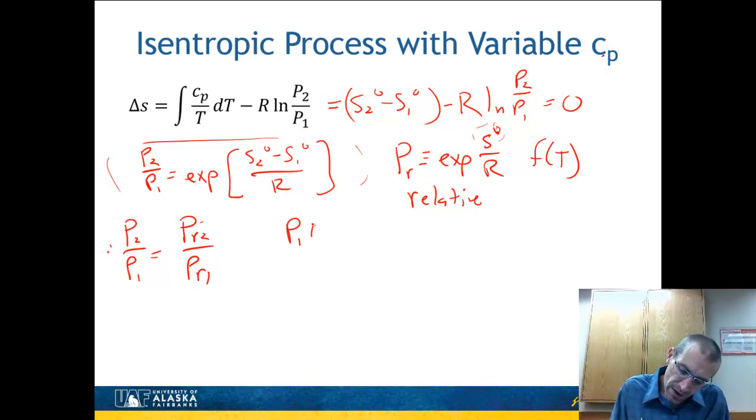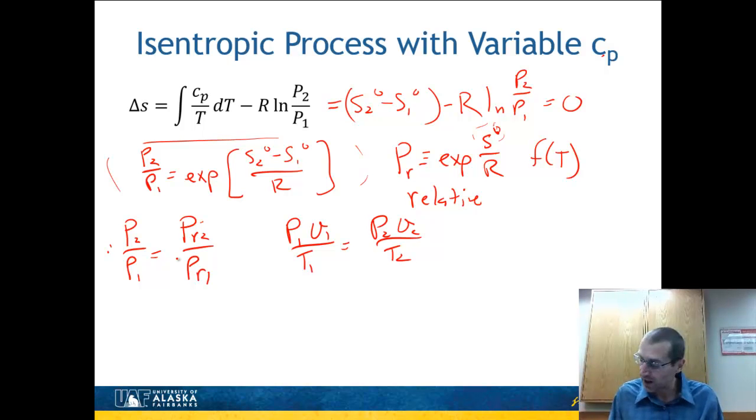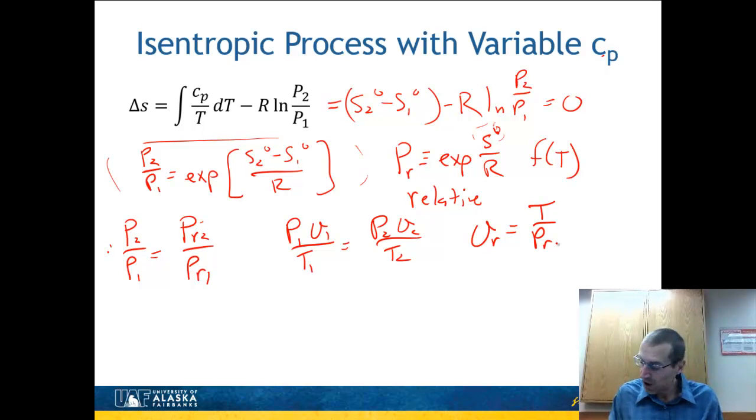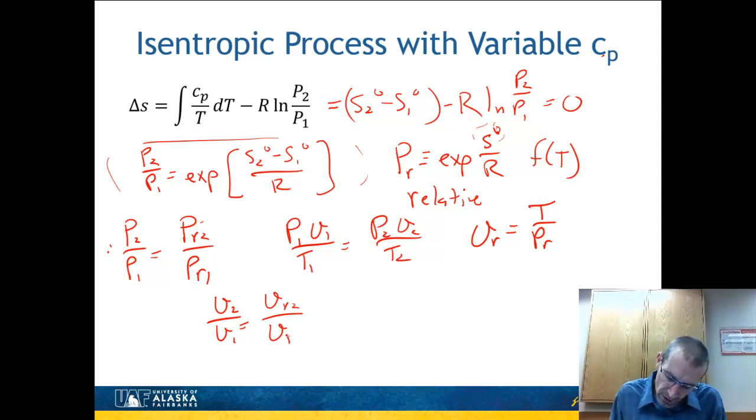If I remember the combined gas law, P1V1 over T1 is equal to P2V2 over T2, I can substitute that into this equation. If I define something called the relative volume, as P over P relative, I end up with another expression, which tells me that V2 over V1 is equal to VR2 over VR1.